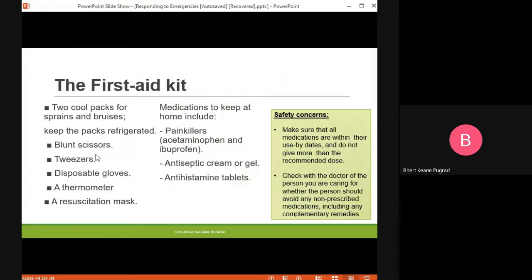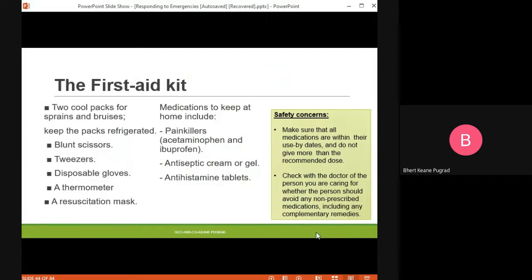Okay, we have your blunt scissors, your tweezers, disposable gloves for wound care, thermometer, resuscitation mask, medications, such as your painkillers, your acetaminophen, ibuprofen, or your paracetamol, antiseptic cream, or your antiseptic gel, and your antihistamine tablets.